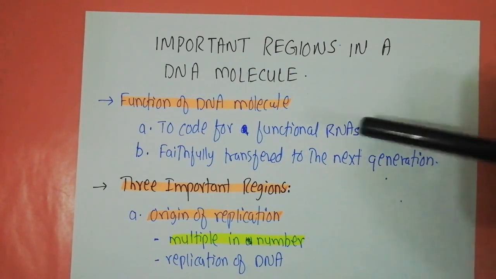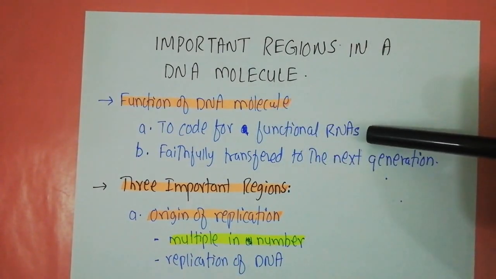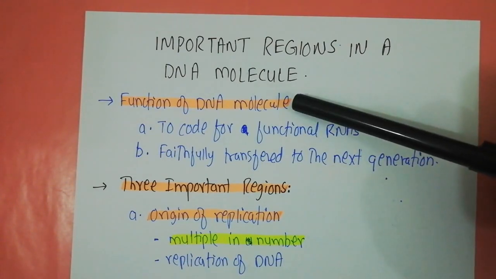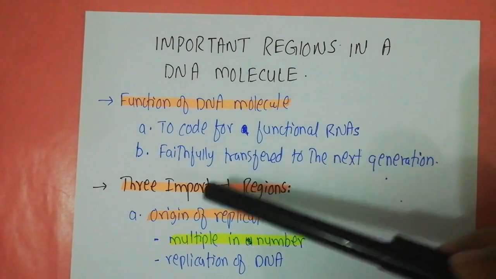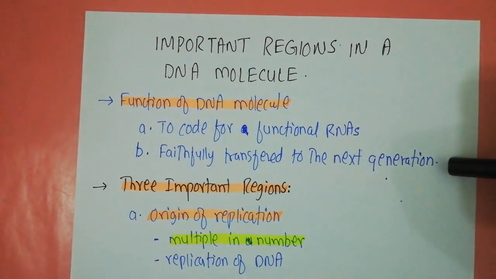But when you consider the DNA molecule as a heredity molecule, coding for functional RNA is not enough. If the DNA molecule has to work as a heredity molecule, it should have the ability to be faithfully transferred to the next generation.